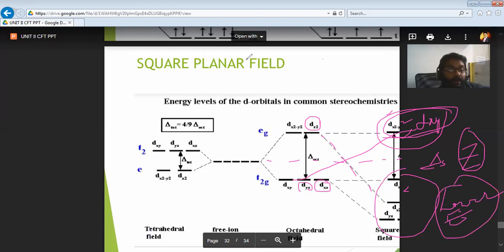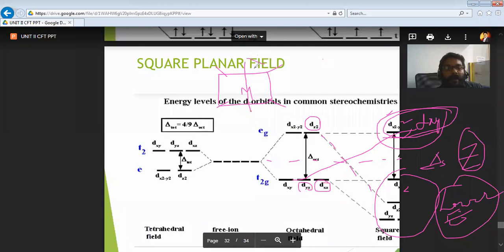Suppose this is the same square planar. In octahedral, ligands approach from this side, this side, this side, this side, and along the z-axis also they approach the metal. But in square planar, ligands approach from these sides, but the z-axis is absent.